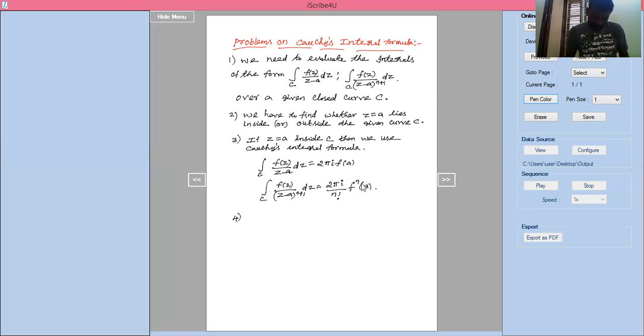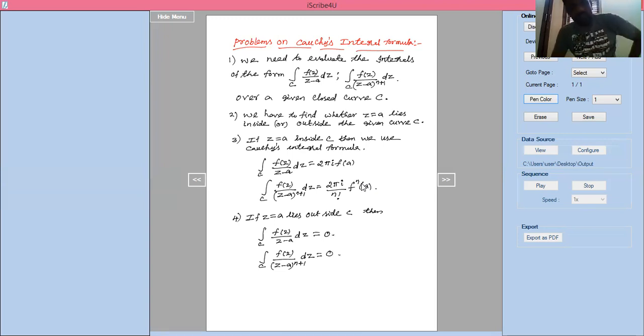Next, fourth one: if z equal to a lies outside C, then integration over C of f of z divided by z minus a into dz equals 0, and integration over C of f of z divided by z minus a whole power n plus 1 into dz is also 0.